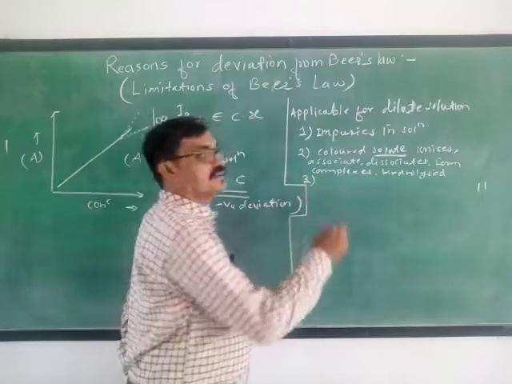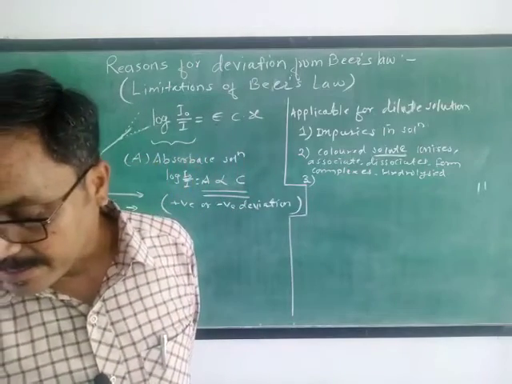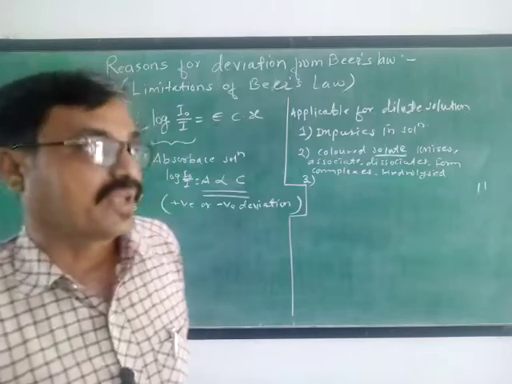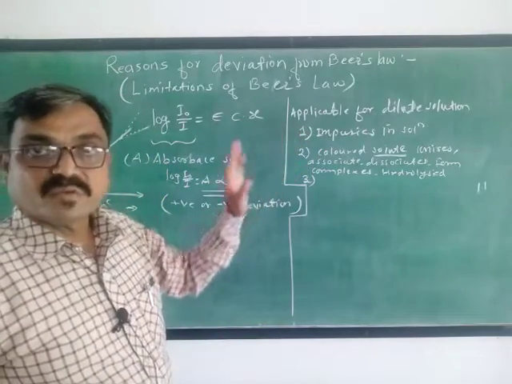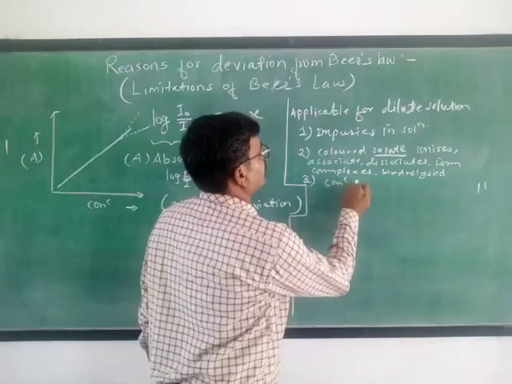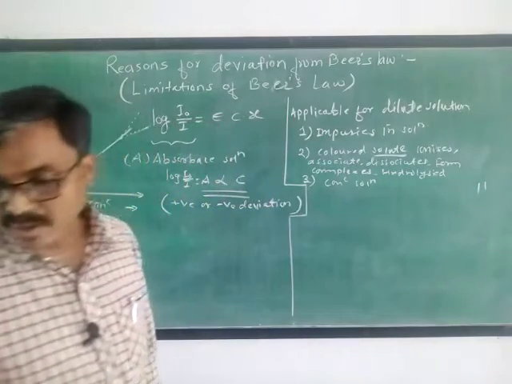Now, the third reason for the deviation is that the solution is concentrated. If we have taken a solution that, instead of dilute, is concentrated, then this concentrated solution may deviate from Beer's law.